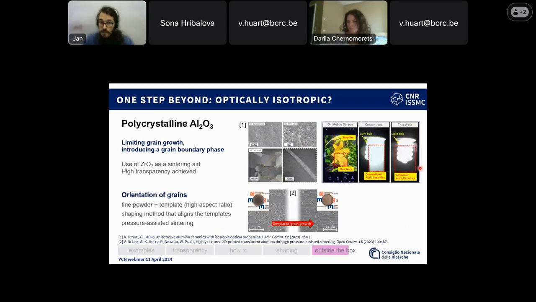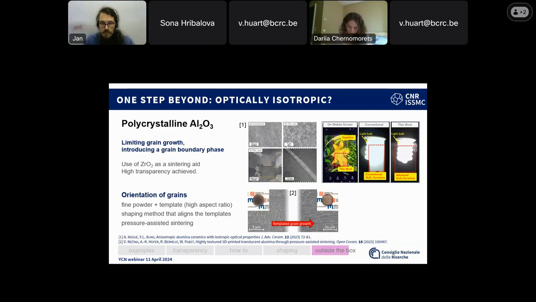So here is a short summary about the first challenge. First of all, powder morphology affects sinterability and density of packing. So we will have different optical properties of ceramics, even when obtained under the same conditions, as we saw before. Also, it should be mentioned that the choice of raw powders really depends on the shaping method.